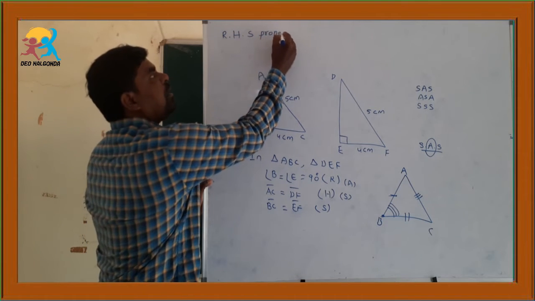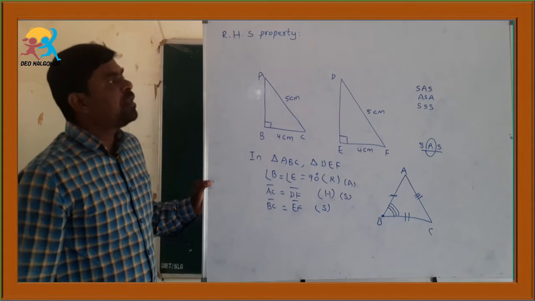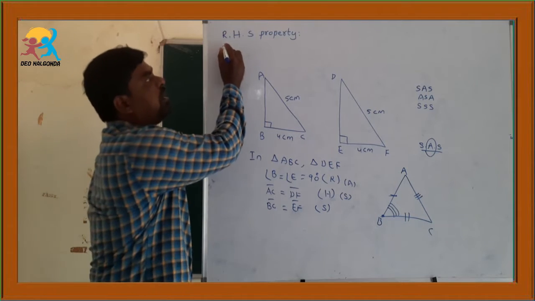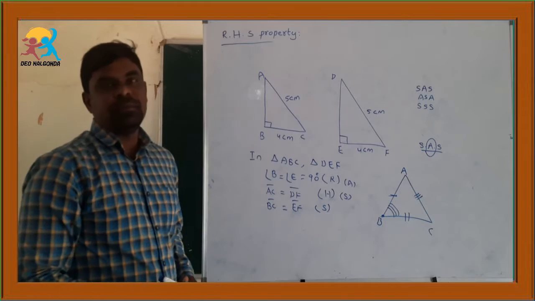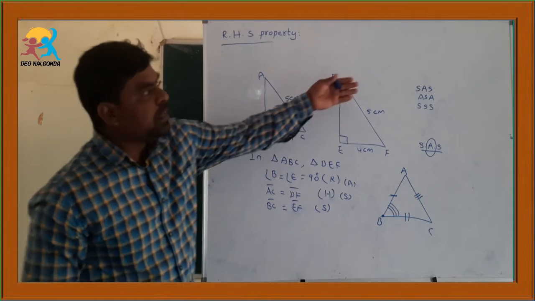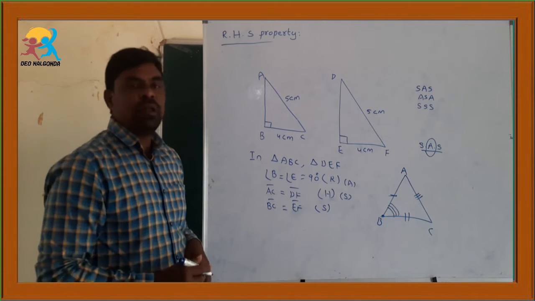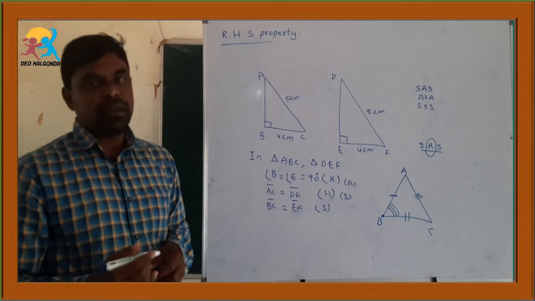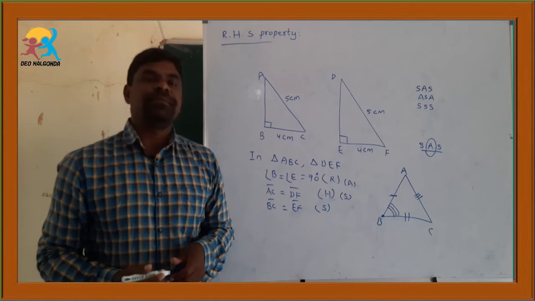R is a right angle, H means hypotenuse, S means side. So, this property is applicable only for right triangles. The remaining three properties can be applicable for all triangles, maybe acute, maybe obtuse and maybe right triangle. So, what does this RHS property say?